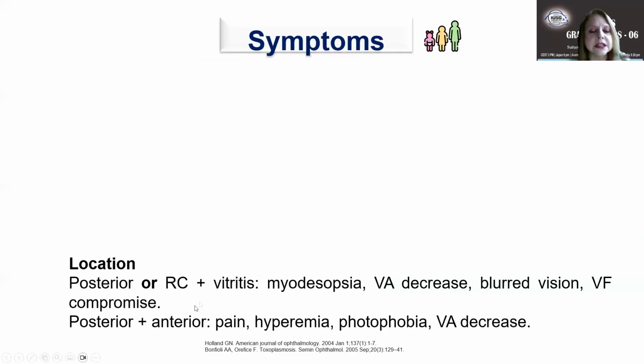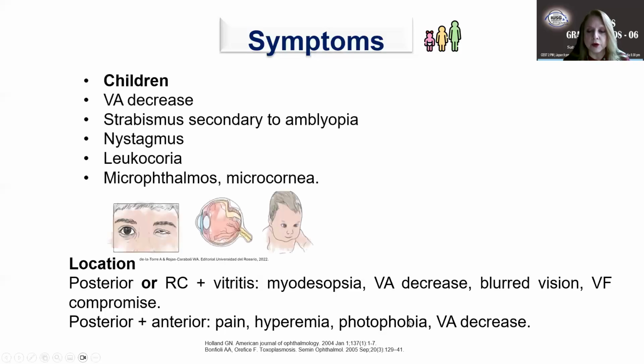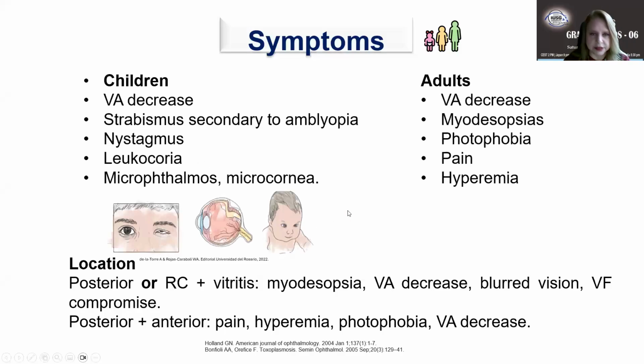When there is an extension of the inflammation to the anterior segment, patients can present pain, hyperemia, photophobia, and also visual acuity decrease. Children usually present more severe symptoms and more complications. They can be associated with strabismus, nystagmus, leukocoria, microphthalmos, and microcornea.